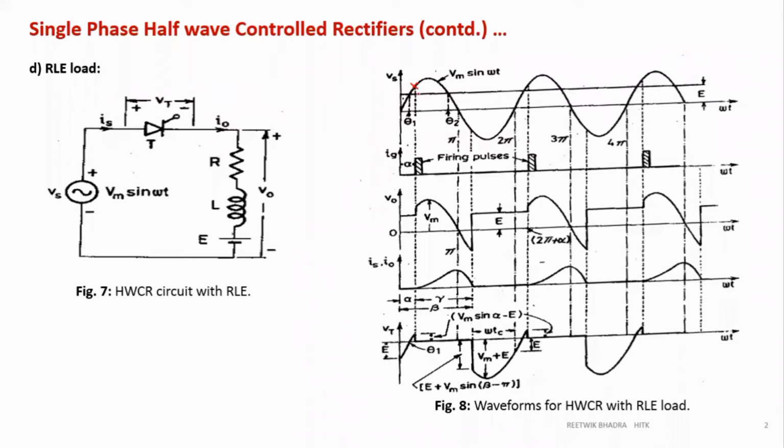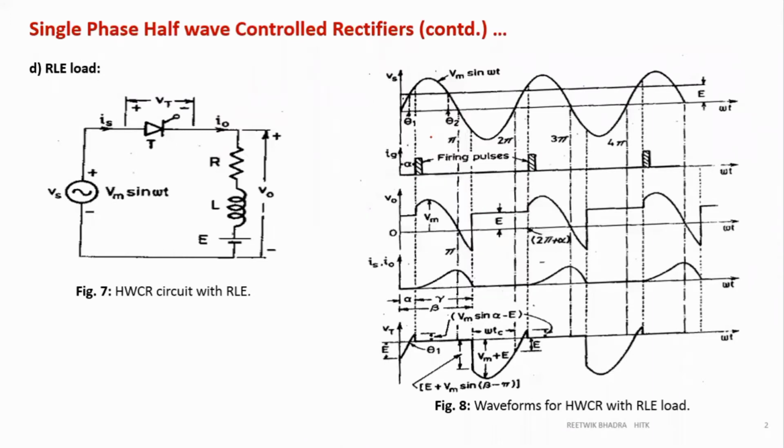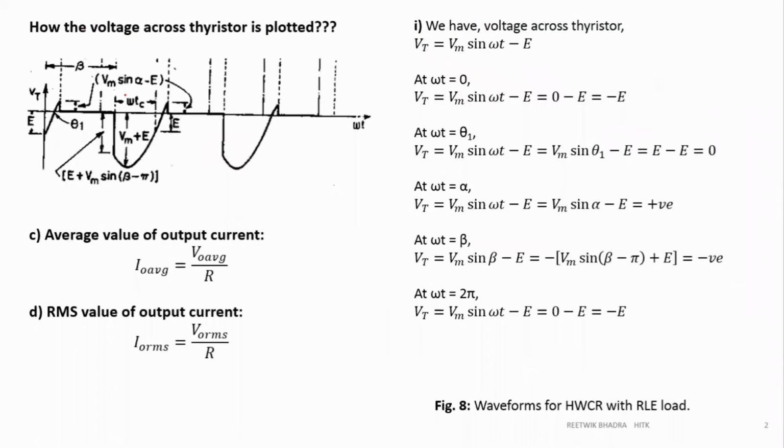Obviously, this sine wave minus e, you will get this small part in between. So this small part is a positive value because Vm sine omega t is greater than e. So you will get a positive value. What is happening to the curve? From 0, it is increasing. So at omega t equal to alpha, it becomes Vm sine alpha minus e and it becomes positive.